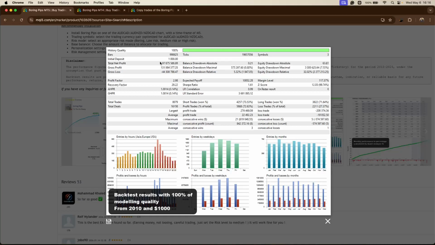But over the span of 13 years, I would say okay. And their gross profit is over $131 million, and the win rate is 72 to 73%. And this is exactly what's on their backtest.